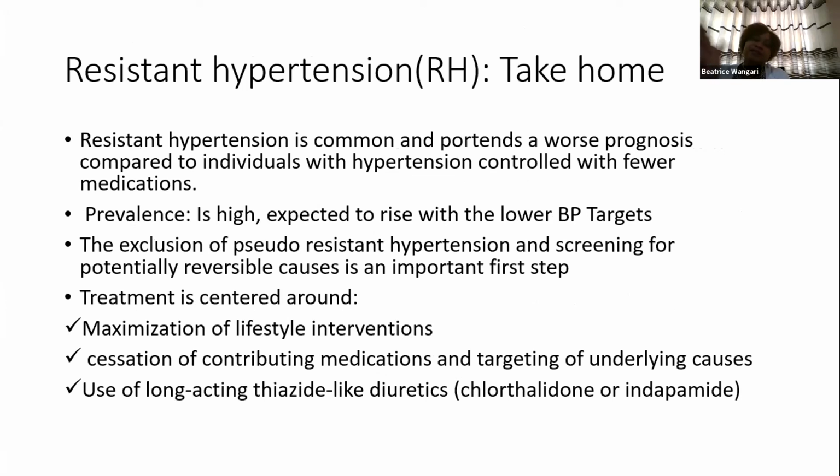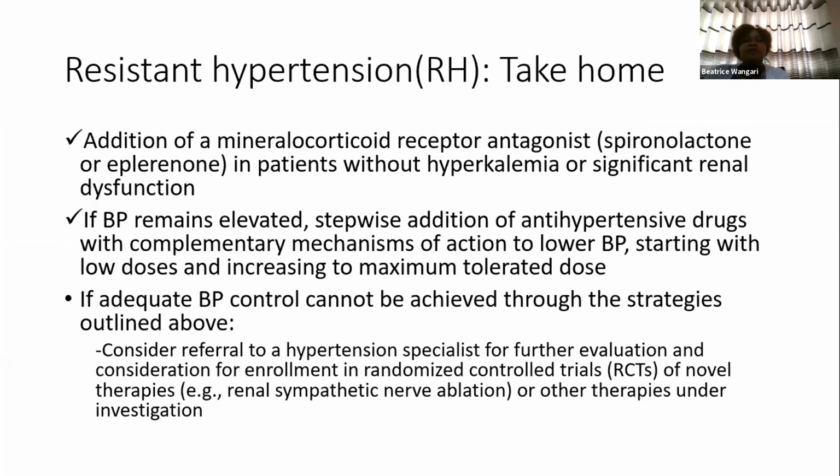So in summary, resistant hypertension is common and portrays a worse prognosis compared to patients whose blood pressures are controlled. The prevalence is high, and as we keep shifting our blood pressure goals and targets, it is likely to go even higher. The treatment is centered around maximization of lifestyle interventions, cessation of contributing factors, treatment of underlying secondary causes, addition of thiazide-like diuretics, chlorthalidone and indapamide, and a mineralocorticoid antagonist.